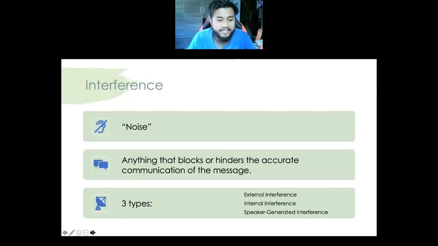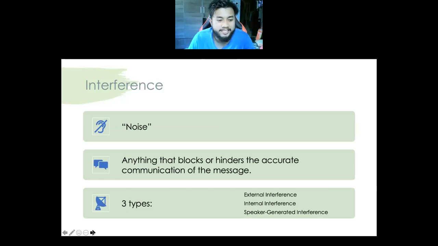Next is interference. Interference is actually, in Malay, in Bahasa, gangguan, or disturbance. There are a lot of things related to interference. Noise, first is noise. Second is anything that blocks or hinders the accurate communication of the message. It could be technical.